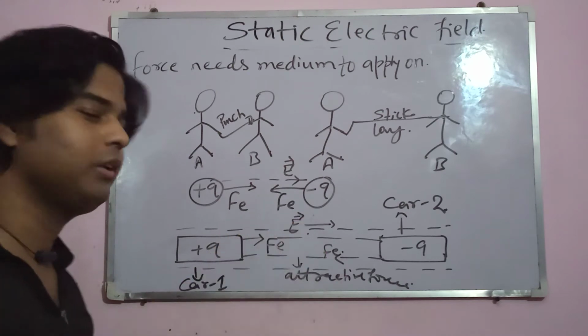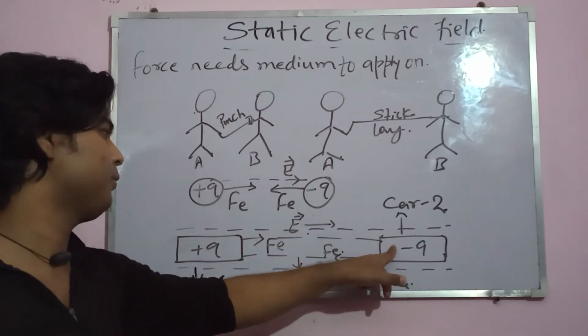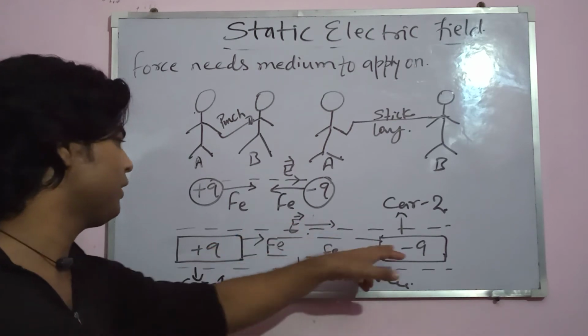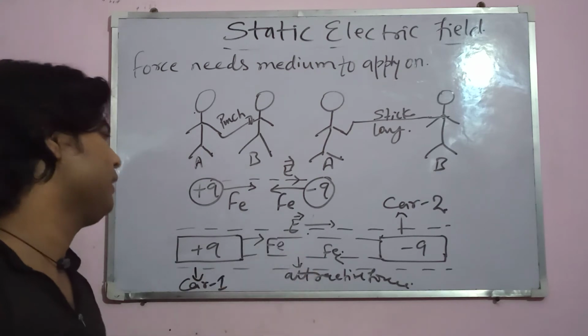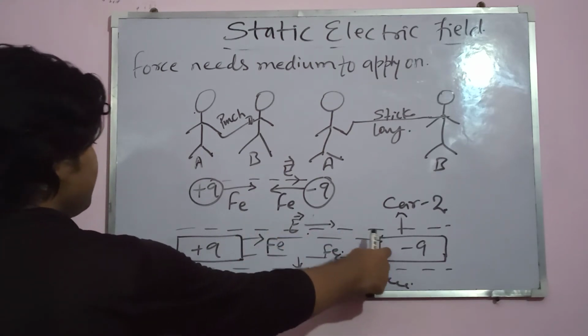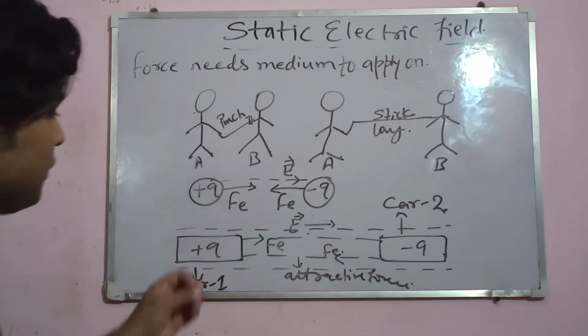Now, what do they do? They will attract each other. Means the effect of plus Q on minus Q, the relation, is the attractive force Fe. And similarly, minus Q on plus Q also makes a relation that is Fe. Both the forces are equal.